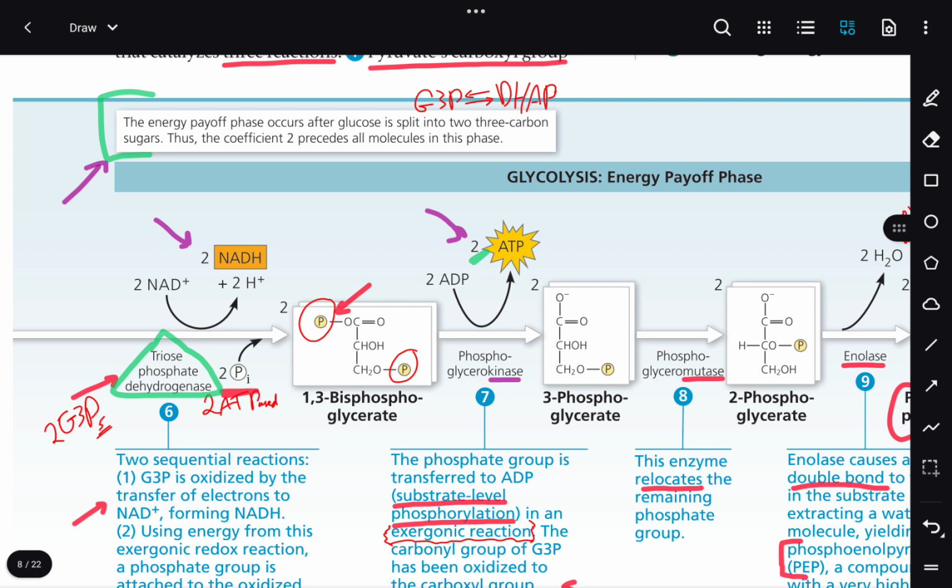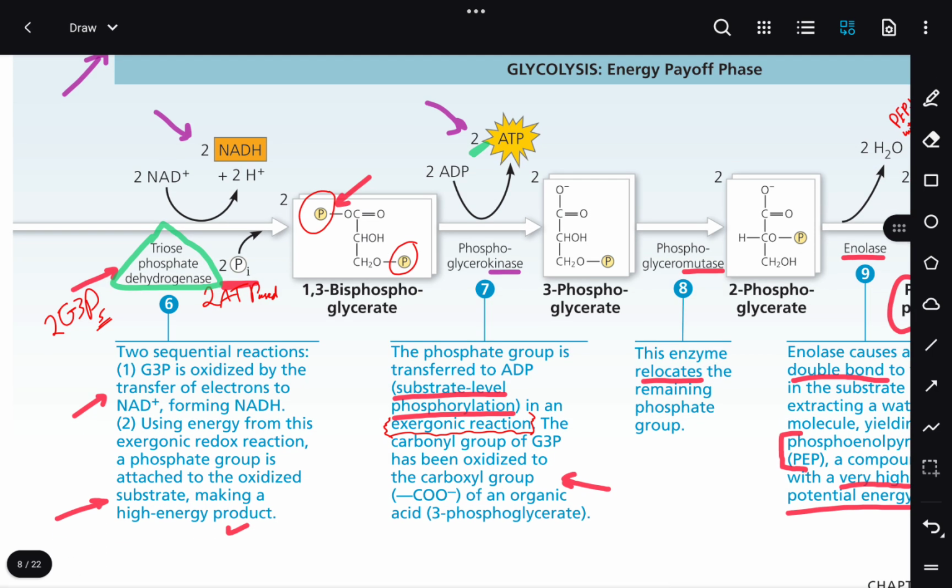So it's as opposed to hexokinase and phosphofructokinase. Why 2? Because again we have 2 1,3-bisphosphoglycerate. And that's the first instance of ATP formation, substrate level phosphorylation.